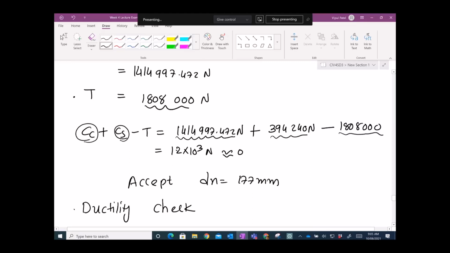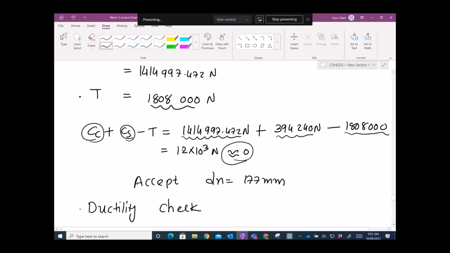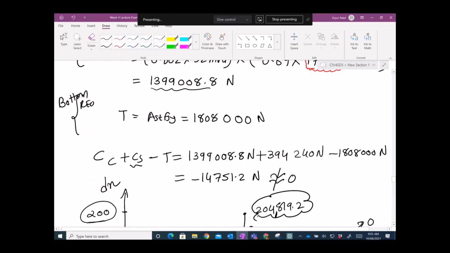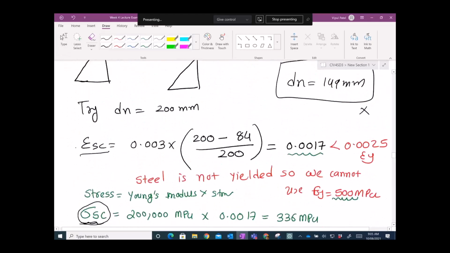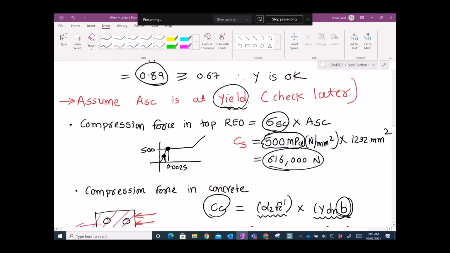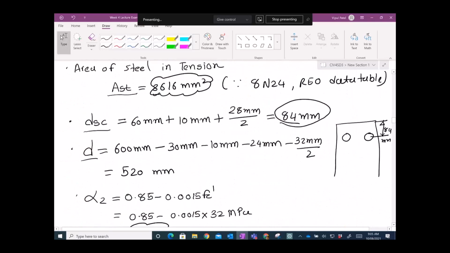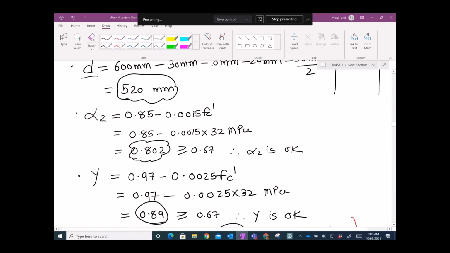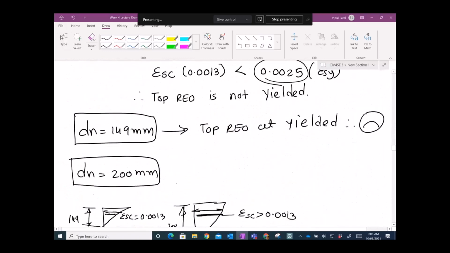So we have calculated these three forces that also validate the equilibrium, and we have these distances as well. All these three distances that I mentioned we calculated, right? I think at the start we found D is 520, DSC is 84, and another one is the gamma Ku D that we need to find out.